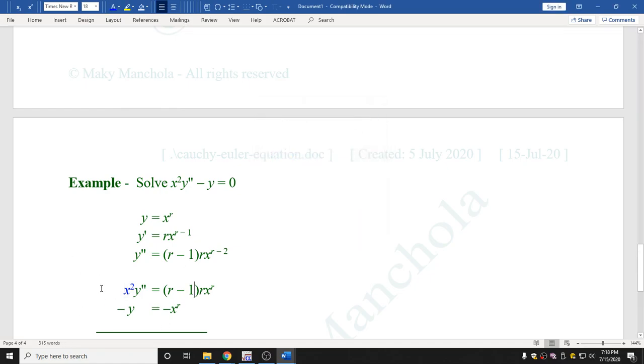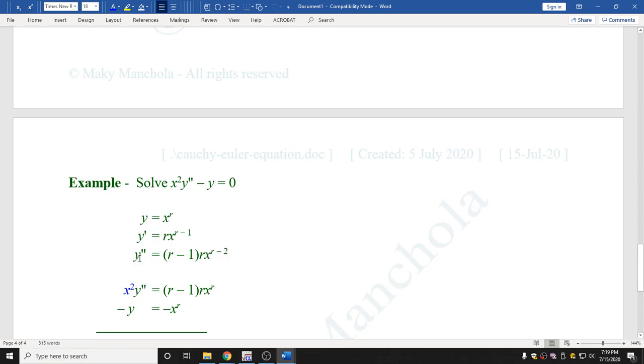Now, what is y double prime? It is r minus 1, r x to the r minus 2. But we're multiplying that by x squared. Observe that when you multiply by x squared, you end up with x squared times x to the r minus 2. That's just the same as x to the r.